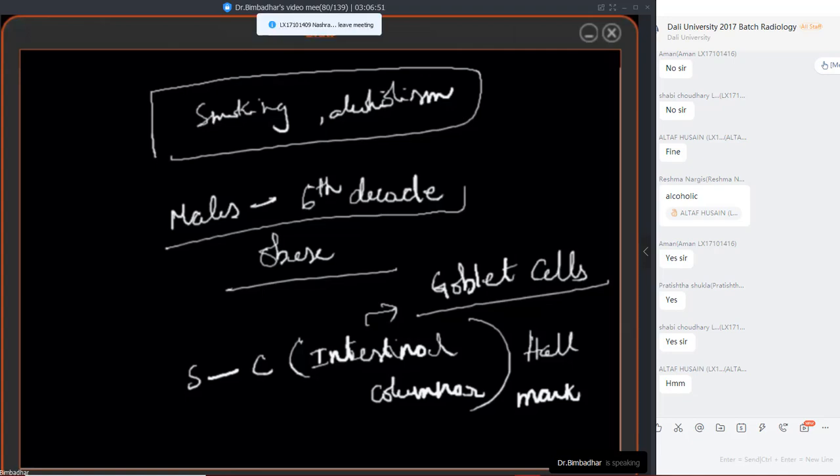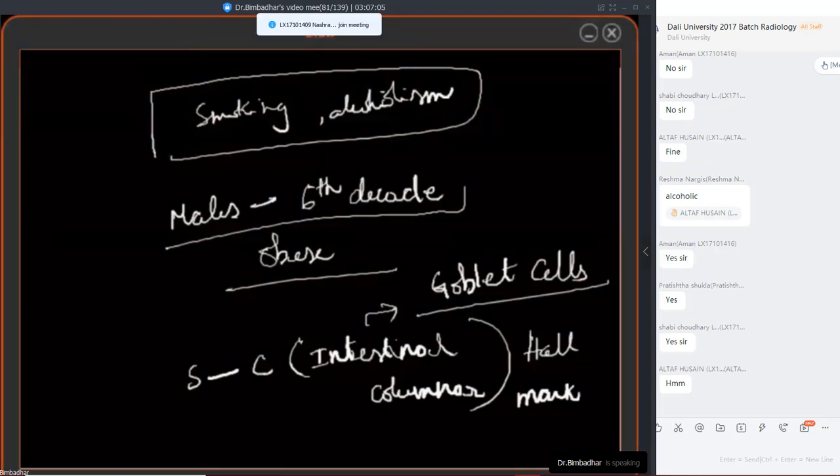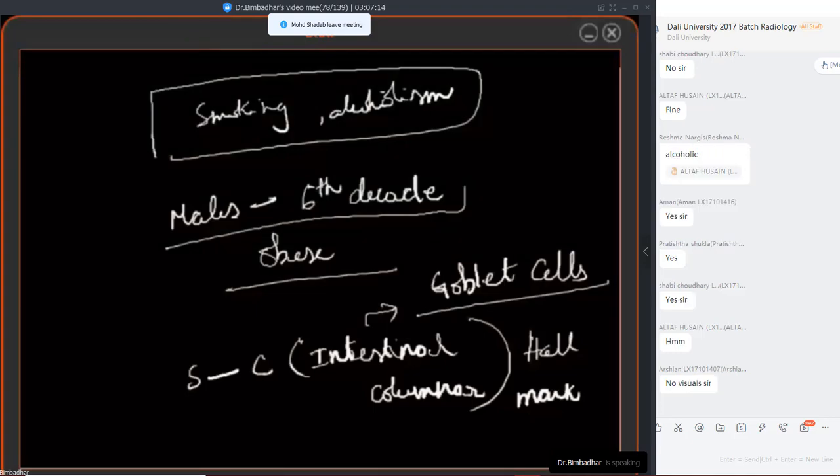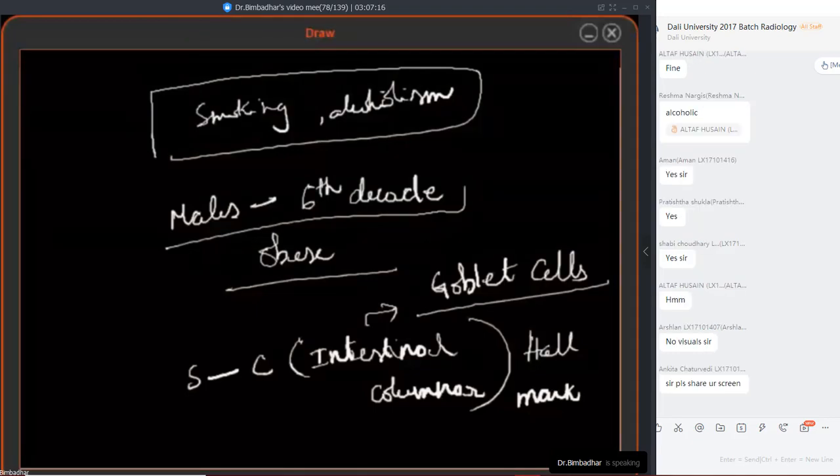There is a sudden stoppage of the mid-esophagus, which is forming an annular constriction-like appearance. Can you appreciate this? See here, a filling defect is there, and also there is a sudden stoppage of the esophagus, all right?